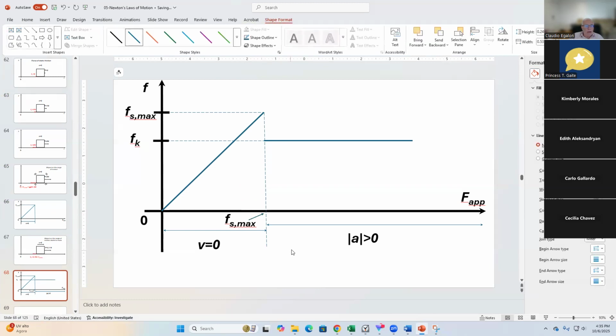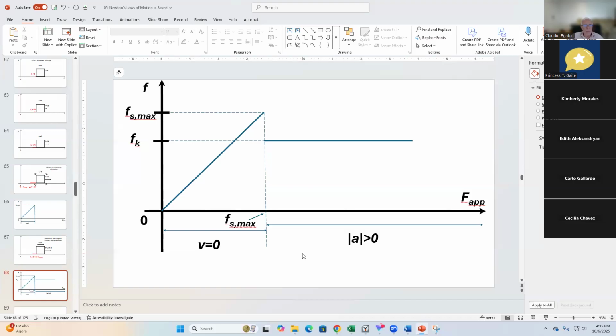Any force above this value, the object will be accelerated. Any force below this value, the object will be at rest. That's what this graphic is explaining.